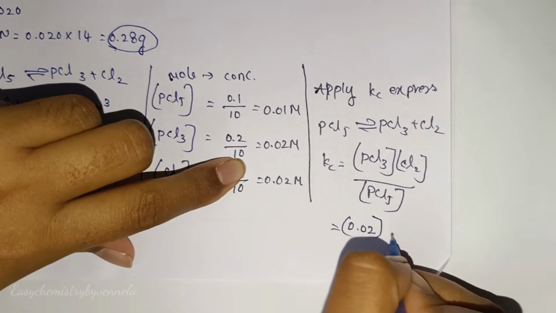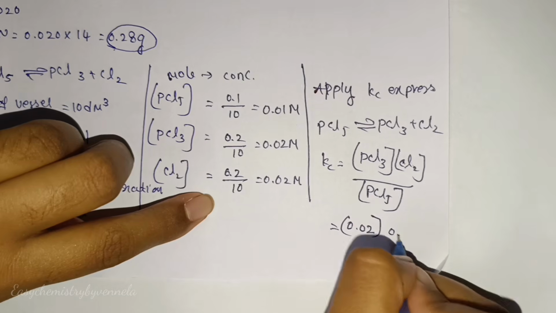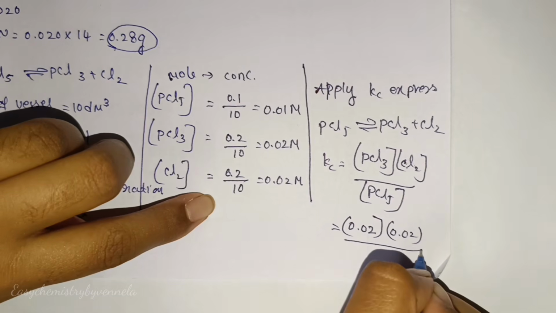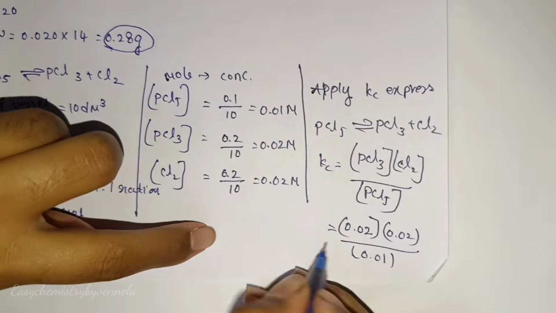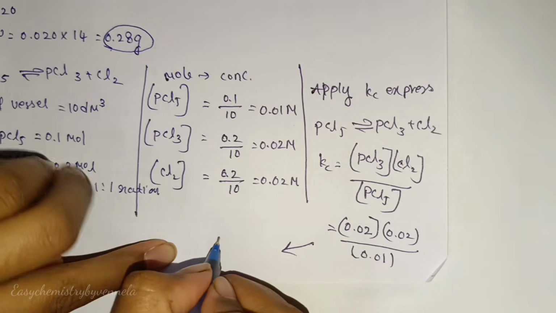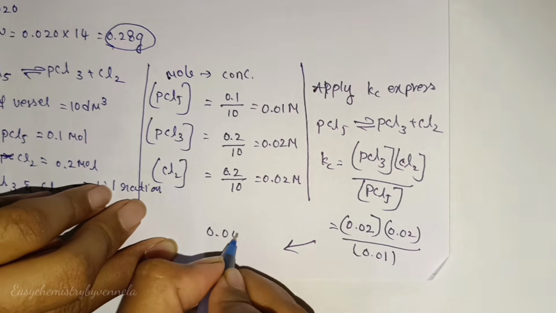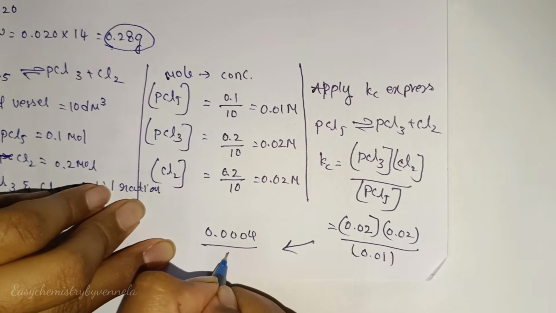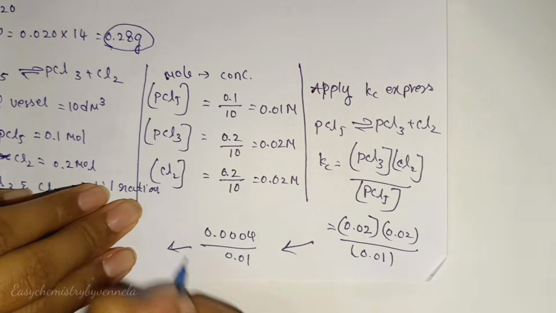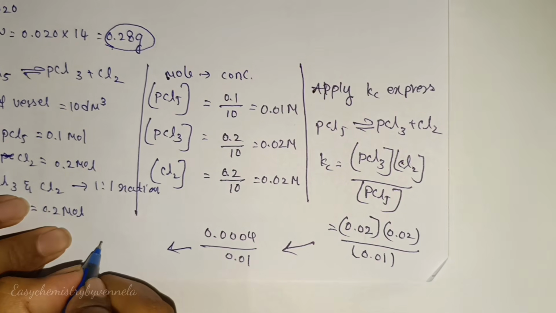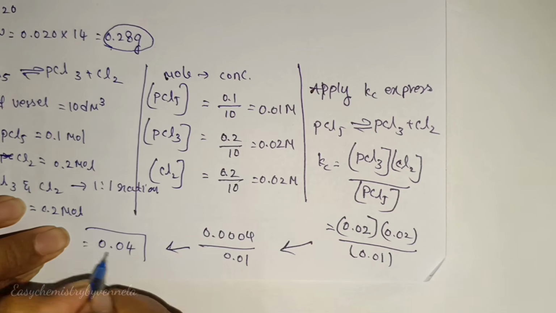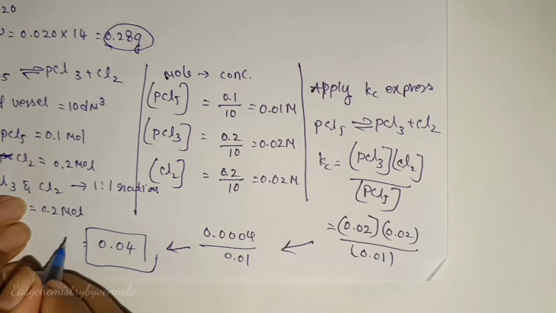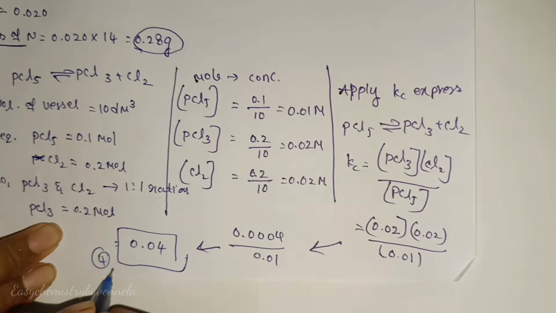Next, Cl2 0.02 by PCl5 0.01. So that is 0.0004 by 0.01. So the final answer is 0.04. So the correct option is the fourth one.